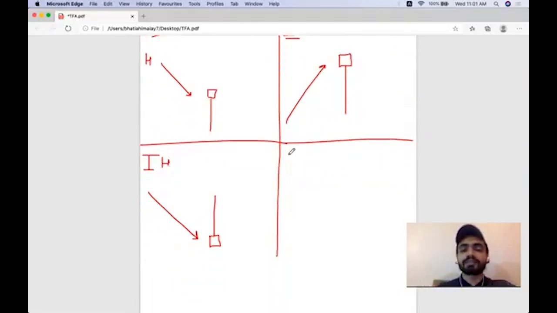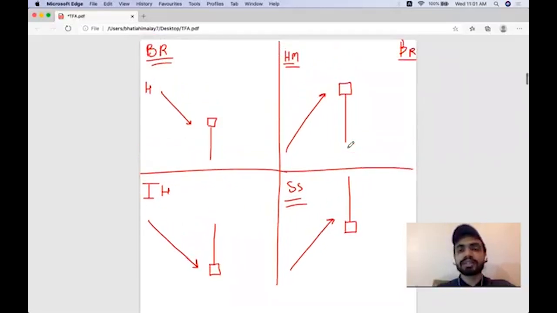And finally, we spoke about the shooting star. Again, in this case, there should be an existing uptrend, but the pattern will be inverted. That means there will be a small body with a large upper shadow, wherein the upper shadow should be at least twice the length of the body. So this is a summary of your 4 patterns.